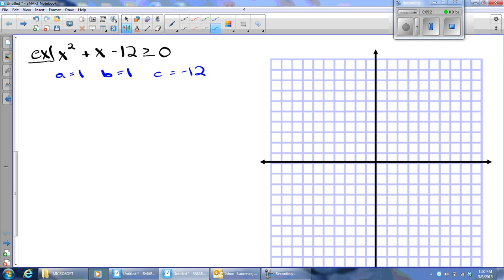So we're going to do x equals negative b plus or minus the square root of b squared minus 4ac all over 2a.